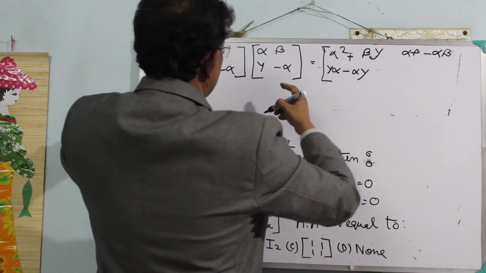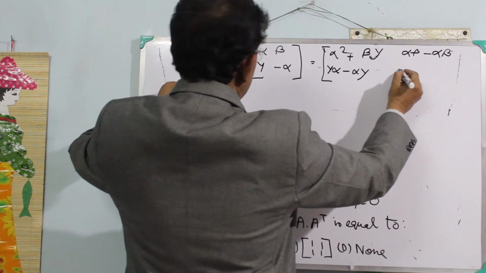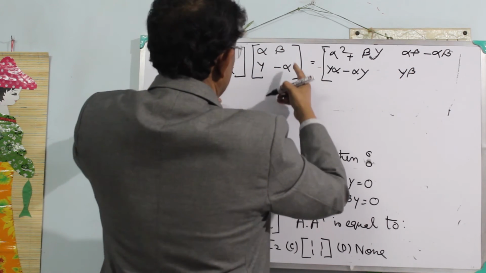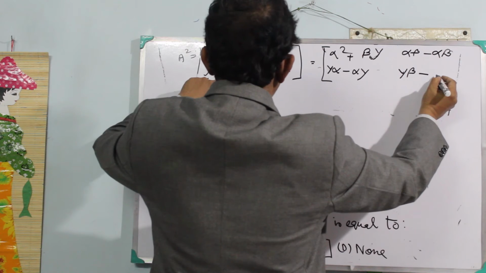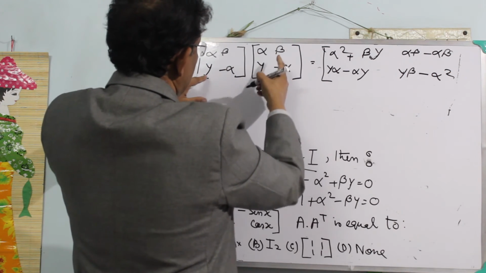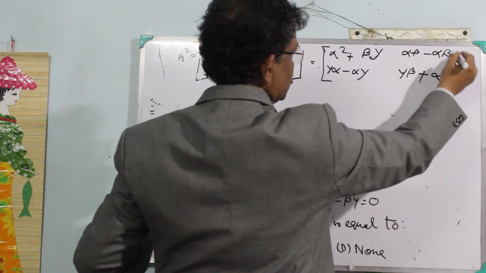Again this into this gamma beta, this into this minus alpha, this into this plus this into this plus.